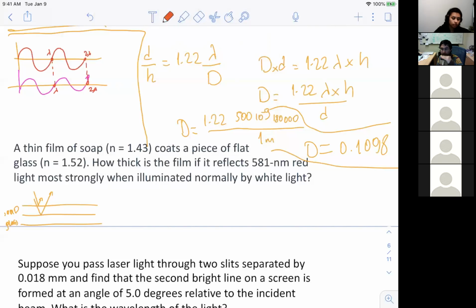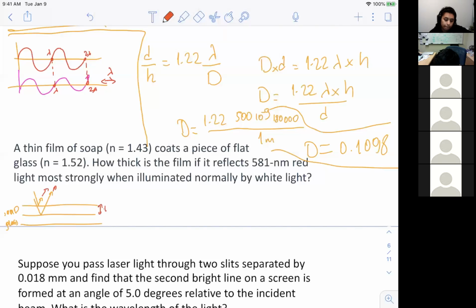Now when you add these waves, they will constructively interfere. And when you shift this wave by lambda in either direction, plus or minus lambda, they will be the same, right? The wave is going to look exactly the same, and they will have constructive interference again. So what you need is that the path difference between the wave reflecting from the top and the wave reflecting from the bottom is exactly one wavelength lambda. So this is constructive interference.